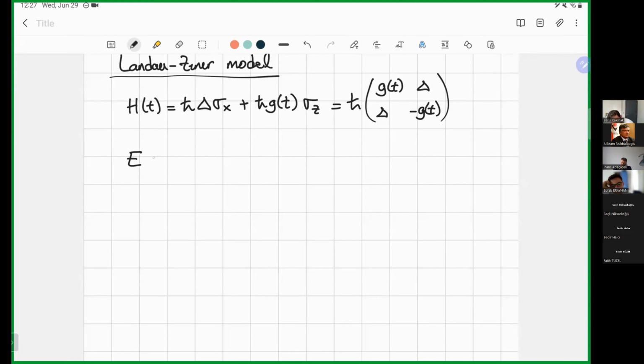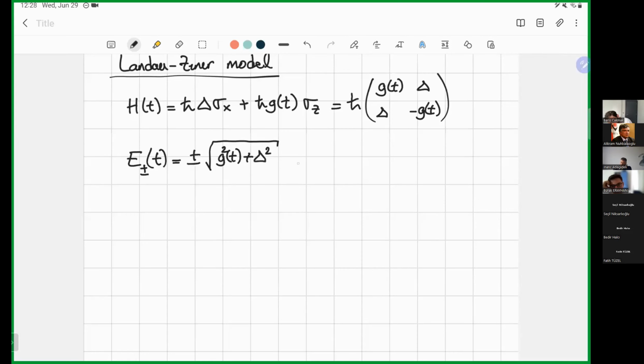They also depend on time. Let me keep the time dependence for a while, and then I will maybe drop it for the other calculations for the sake of convenience of notation. So E±(t) is ± the square root of g(t)² + Δ².